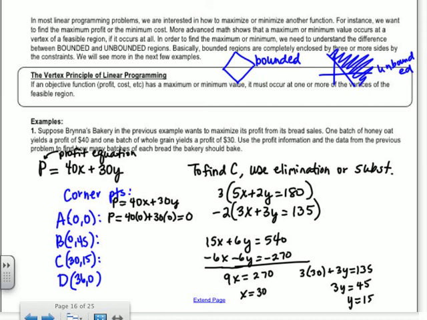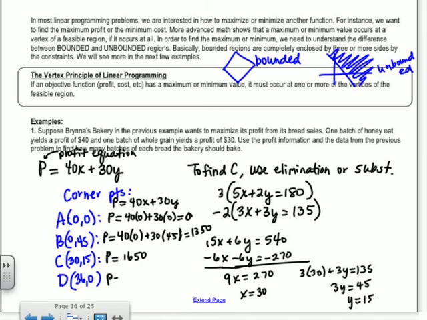Okay, the next one I have p equals 40 times x is 0 plus 30 times 45. So I got 1350. Okay, next one. So if I do 40 times 30 plus 30 times 15, I get 1650.